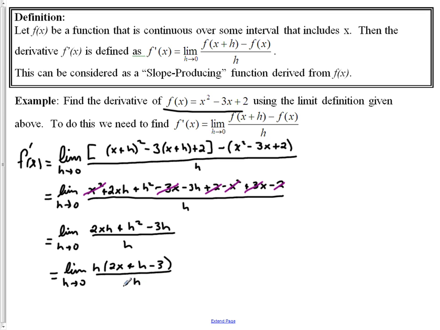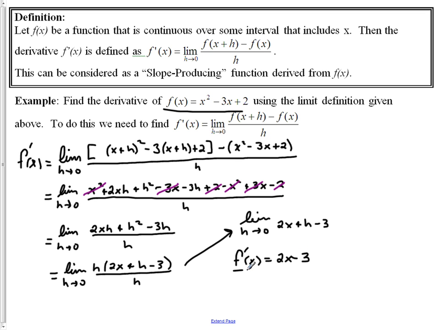So h divides out and leaves us with a new limit as h approaches 0 of 2x plus h minus 3. And therefore, as we let h approach 0 by substitution, we can see that f prime of x, the derivative function, our slope-producing function, is 2x minus 3.